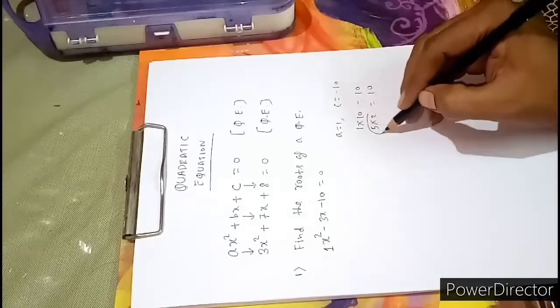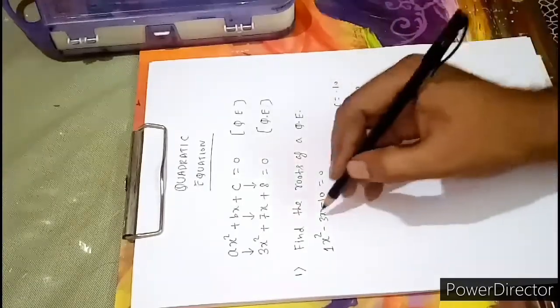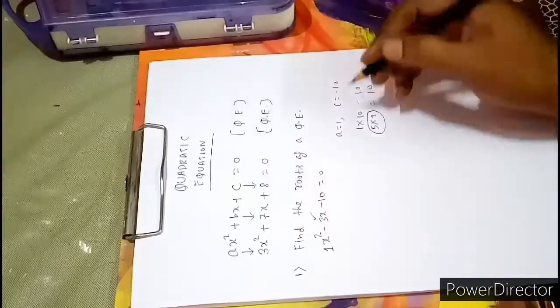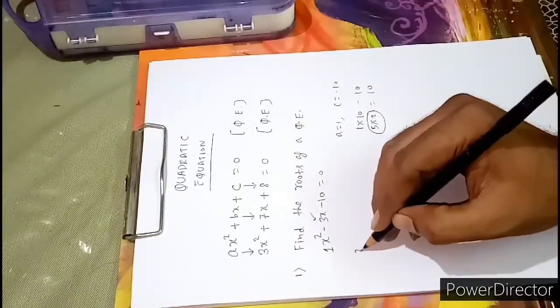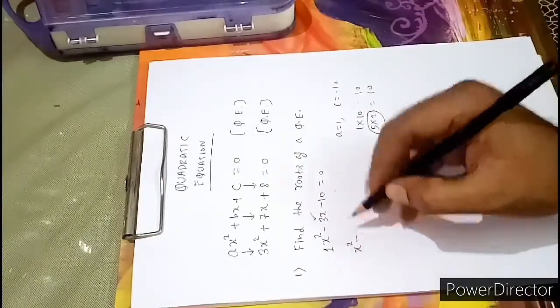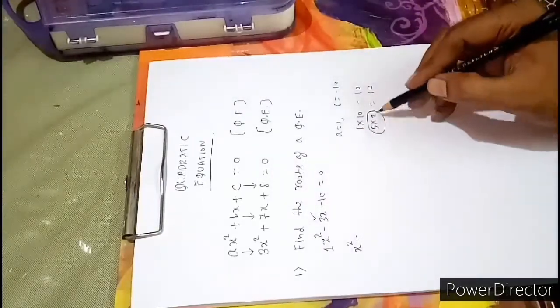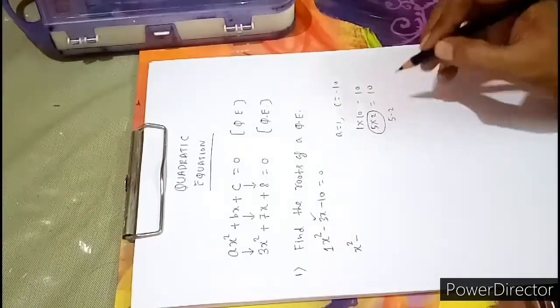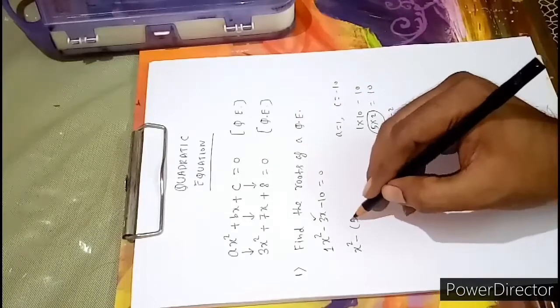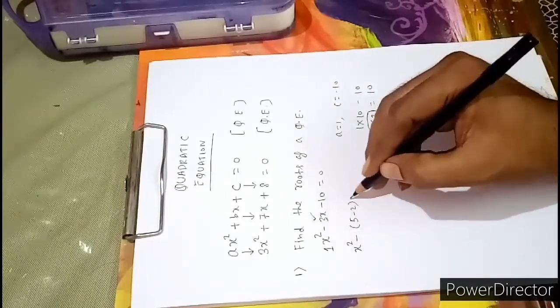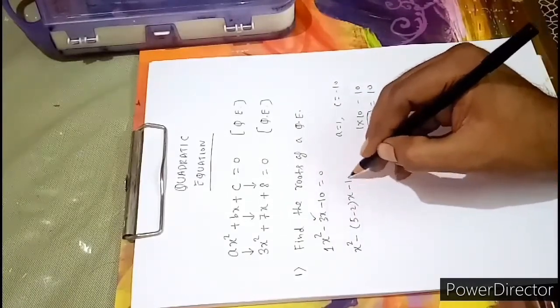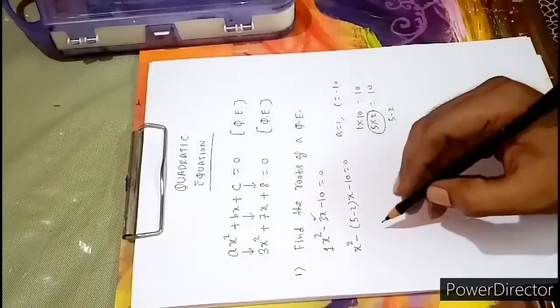Now if I subtract 2 from 5, we get 3. So we can split the middle term 3 as 5 minus 2. Here we write 5 minus 2 for x, and minus 10 equals 0.